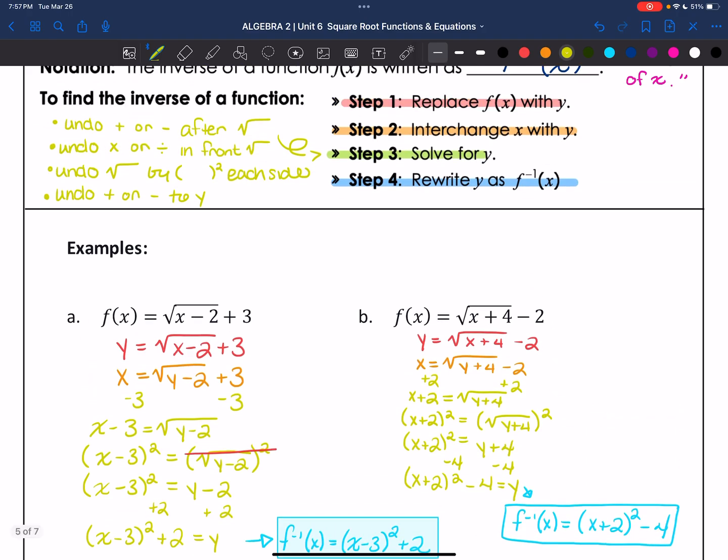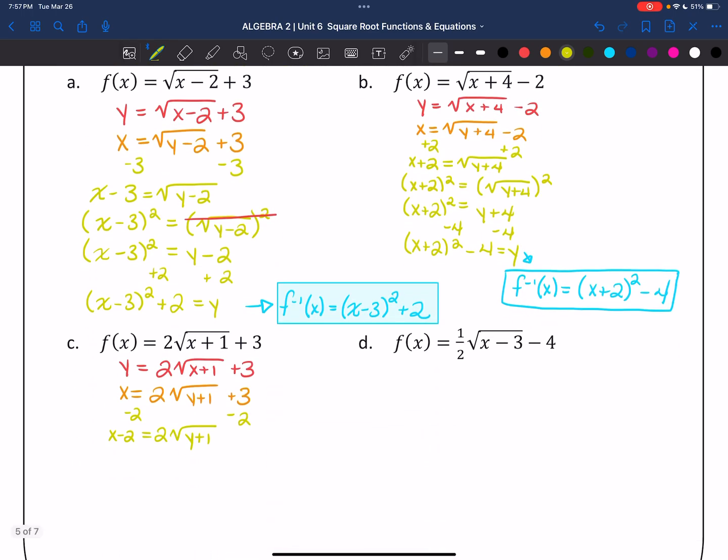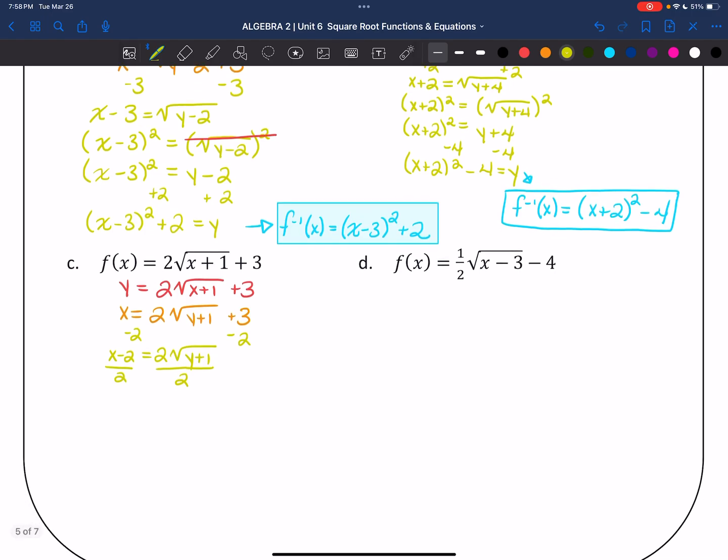If we have something in front of our radical, multiplying, like we have this 2, then we need to undo that by dividing by 2. Dividing by 2. So what's that going to be? We will have our x divided by 2, or you could say 1/2 x. And then when you subtract the -2 by the 2, that's going to be a -1.